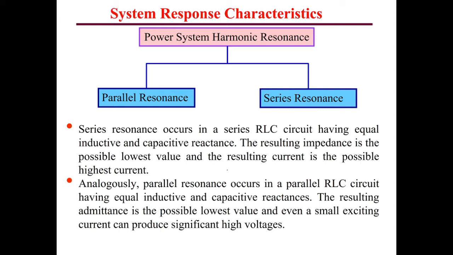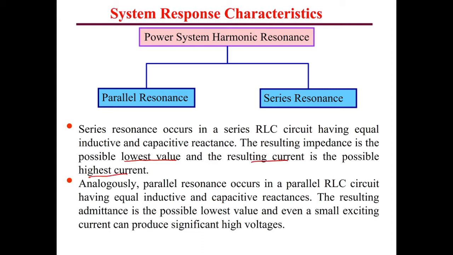Again, we have series resonance and parallel resonance. Series resonance can occur in a series circuit having equal inductive and capacitive reactance. The resulting impedance is the lowest value, so as a result, the current will be the highest value.